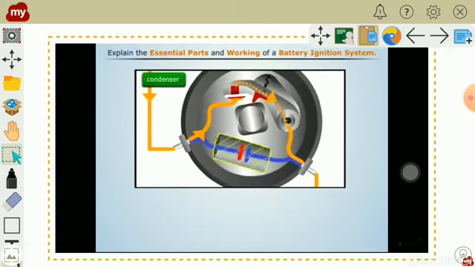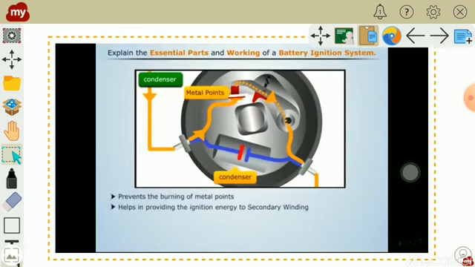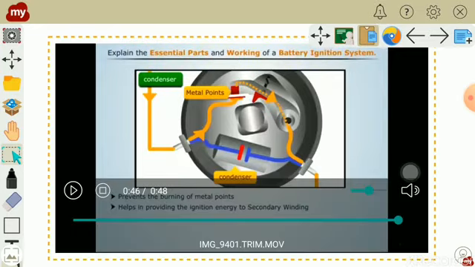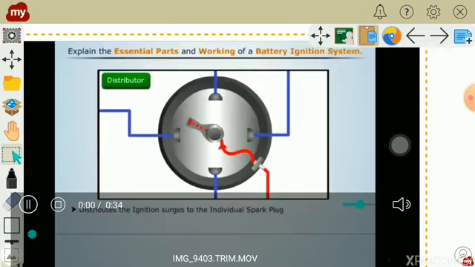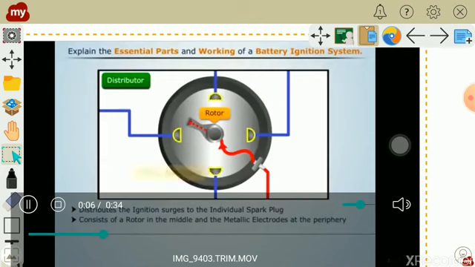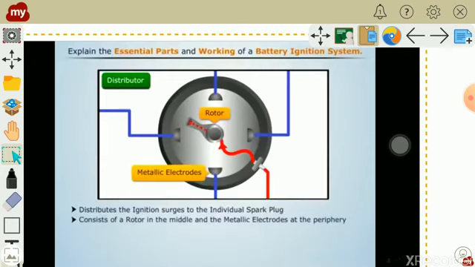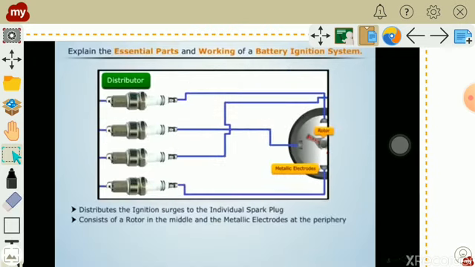Now next is the condenser. Condenser is connected in parallel with the contact breaker, which provides ignition energy to the secondary winding. Now next is the distributor. Distributor is provided to distribute the ignition surge to the individual spark plugs.